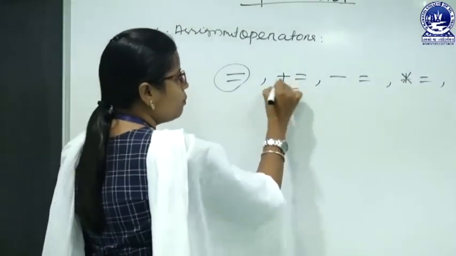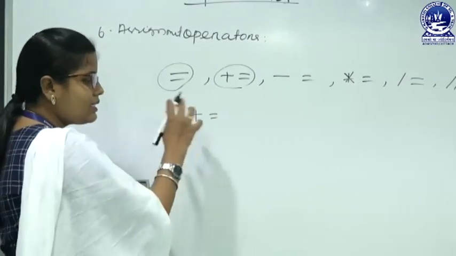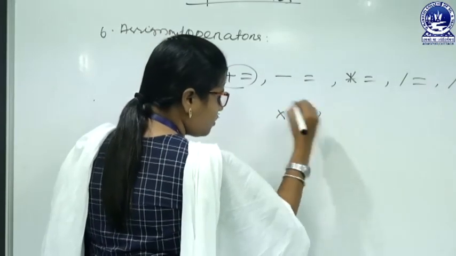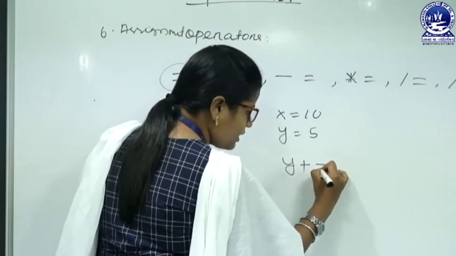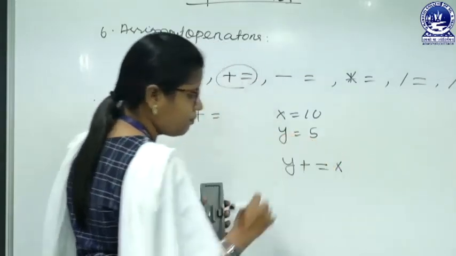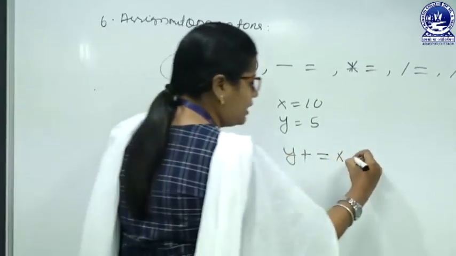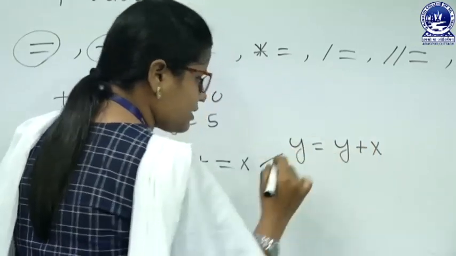Next, come to plus equals. What is this plus equals? This is the compound assignment. Suppose I write x equals 10, y equals 5, y plus equals x. Then what does it actually mean? It means y equals y plus x.